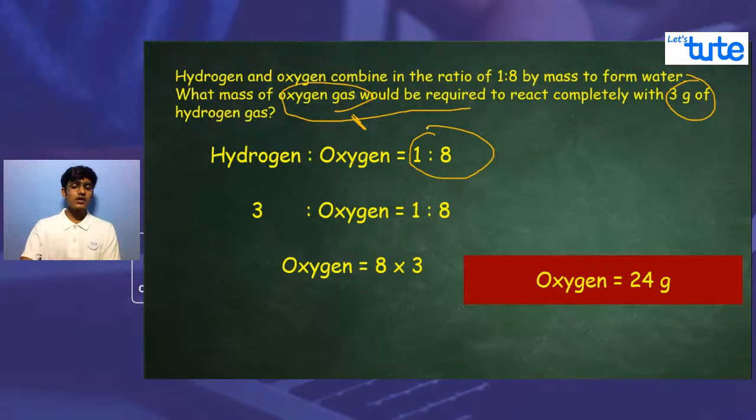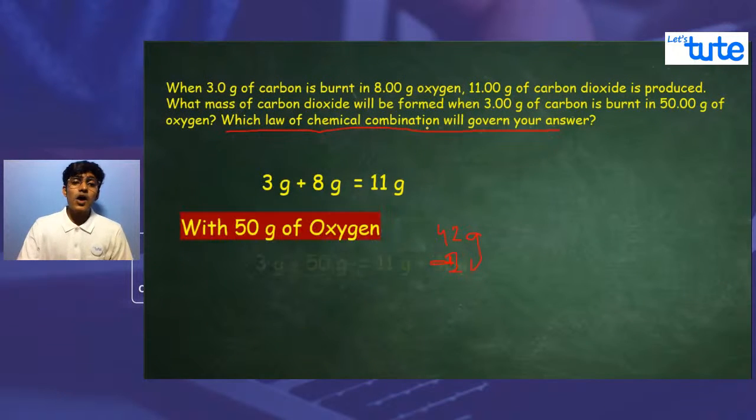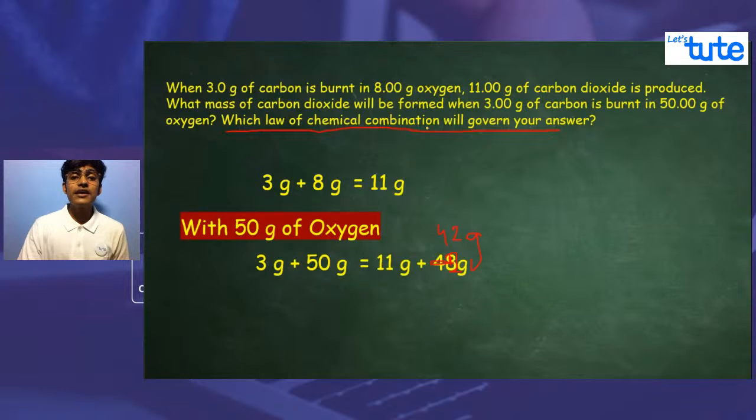In this particular question we were asked whether it will use up all the oxygen or not, and the answer is no, it won't use up all the oxygen, because of the law of constant proportion.